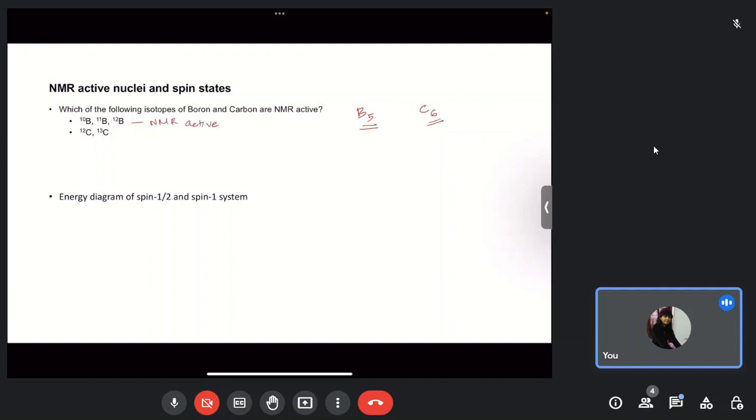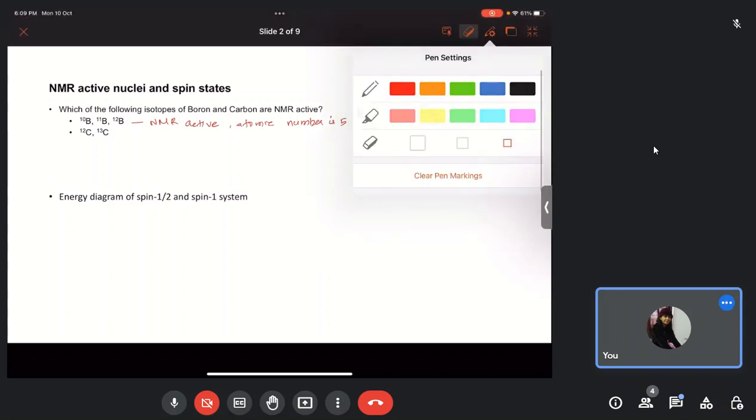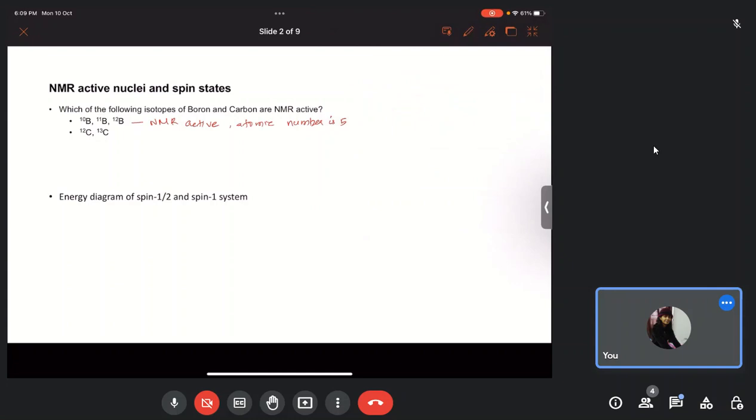Because its atomic number is 5, nuclei with an odd atomic number are NMR active.